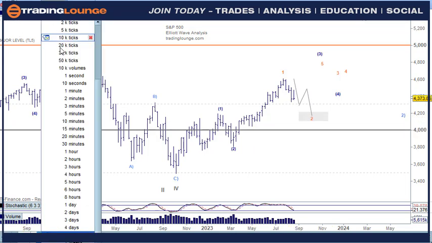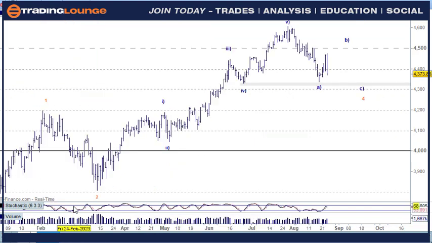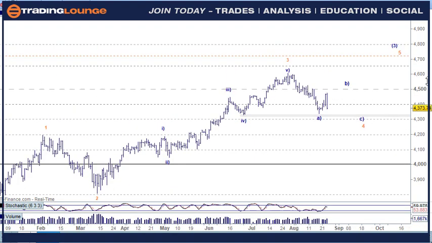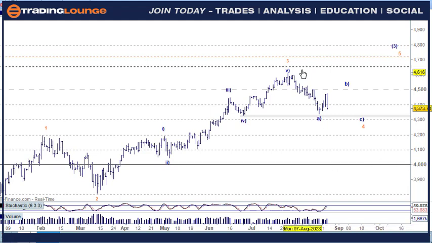So let's just go to the daily chart here for a moment. This would be the original one here. We'll have wave 3 here with an A wave, and looking for basically an A wave, a B wave, and a C wave up here, and then coming down here.